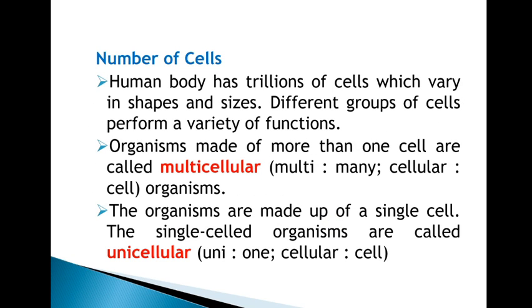First of all, the number of cells. The human body has trillions of cells which vary in shape and size. Different groups of cells perform a variety of functions, and organisms made of more than one cell are called multicellular organisms.